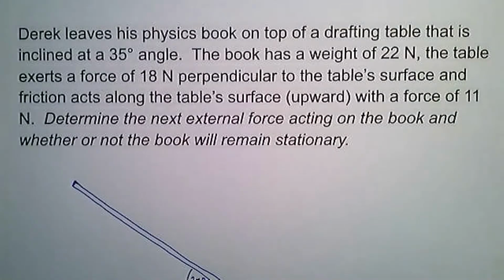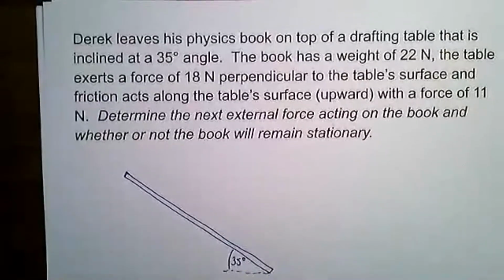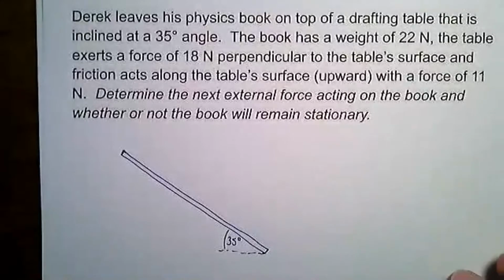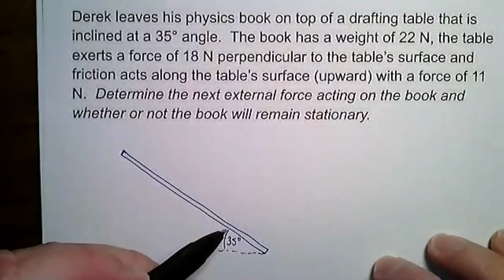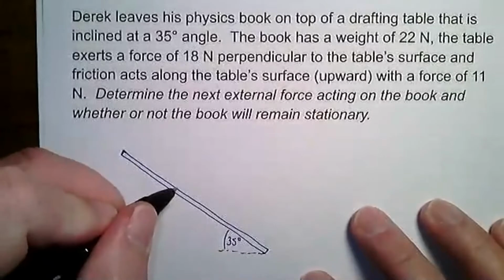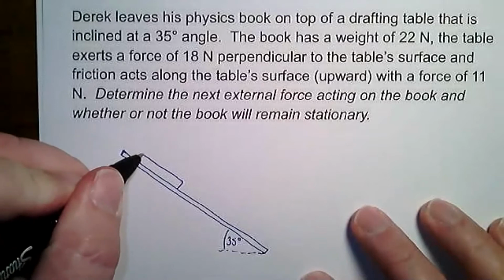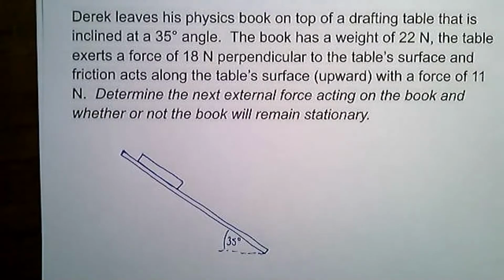Let me pull back just a little bit so we can get a little bit more of that diagram in. Okay, so I know that this is inclined at 35 degrees, and they tell us that a book's sitting on top of it. So I've got a book here sitting on this table, and they tell us a few things about this book. The first thing they tell us is that the book has a weight of 22 newtons.